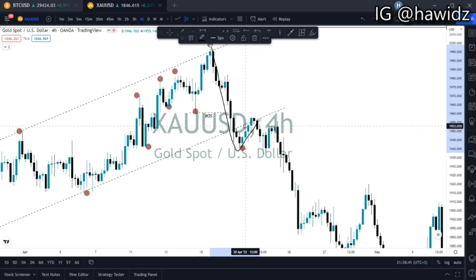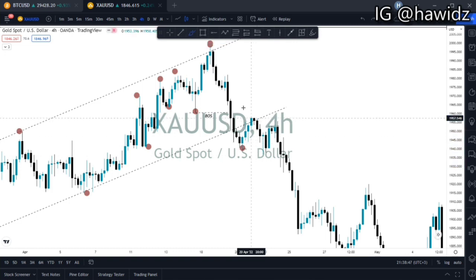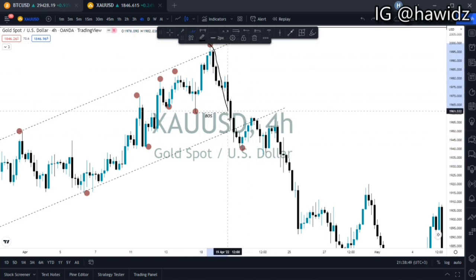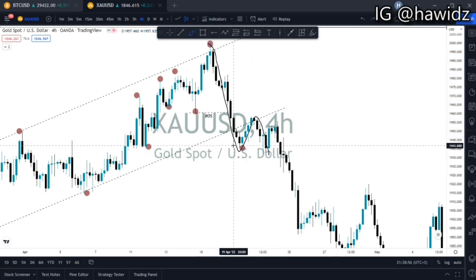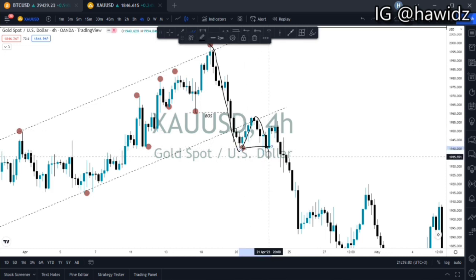Now following the slight retest, it breaks structure again right here. This boom, boom, boom, right? This break here, this break of wicks here. Once these wicks were broken, price left you with this opportunity.